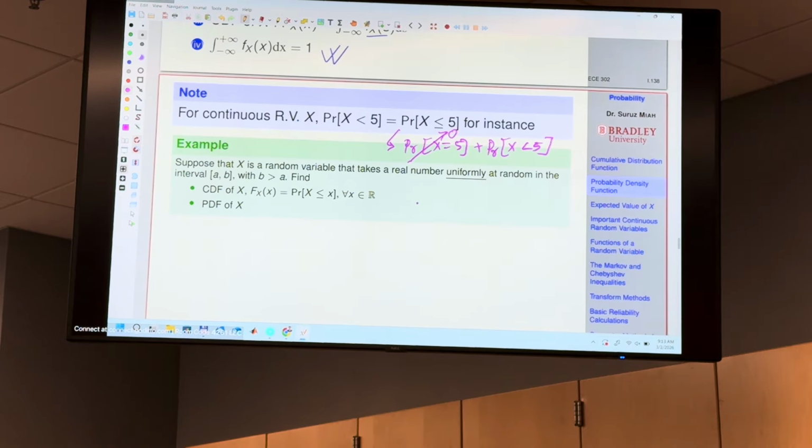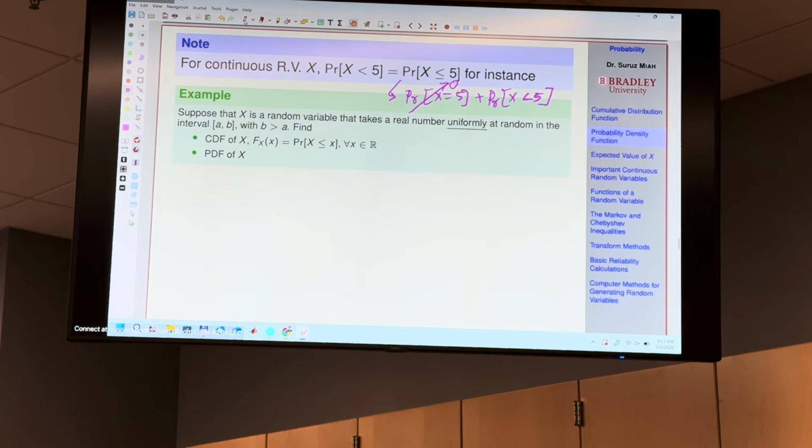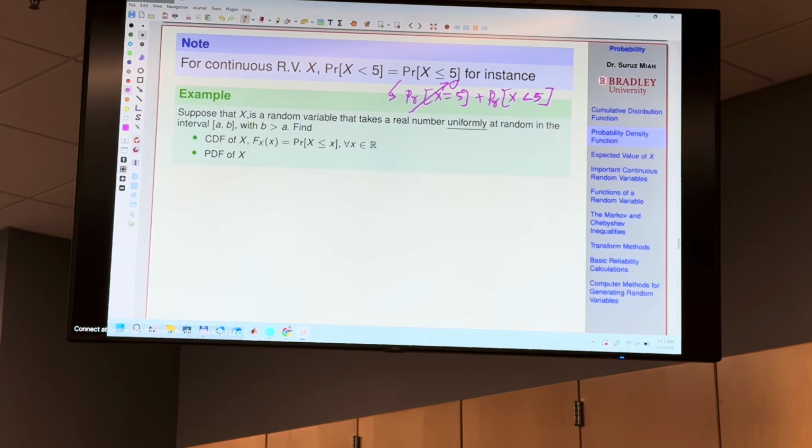Now let's implement this concept in this example. This example is not from the textbook. In this example, we have a random variable x that takes a real number uniformly. It's a uniform random variable, but it's a continuous variable.